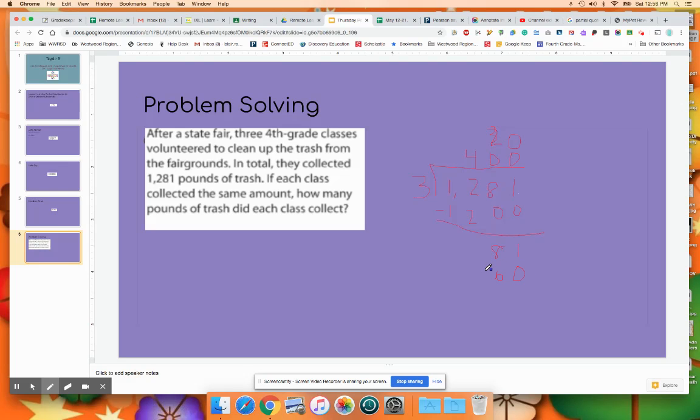There's like a little delay, which is 21. Cool. And then 3 goes into 21 7 times. Super cool. No remainder. I like to box up my partial quotients, add them up. 400 plus 20 plus 7 is 427 pounds.